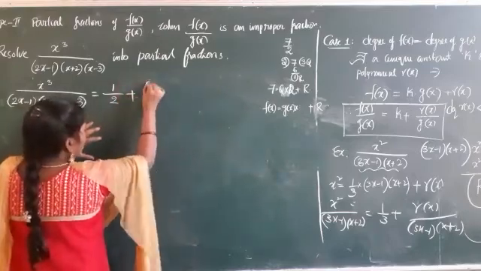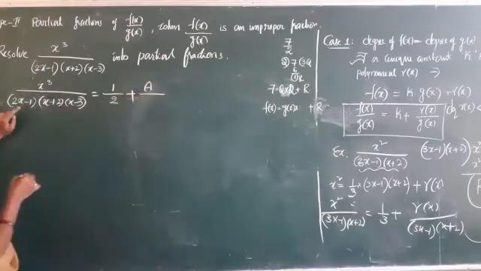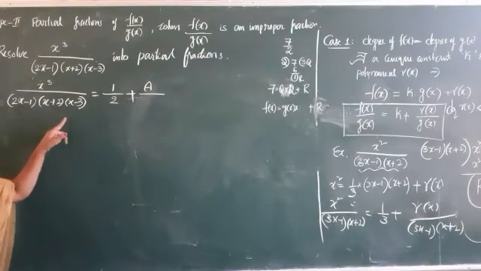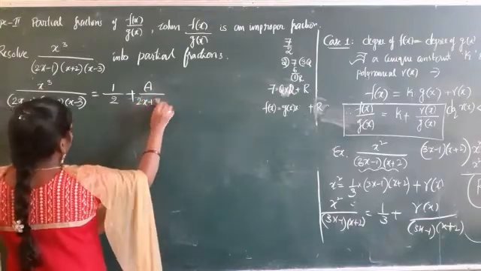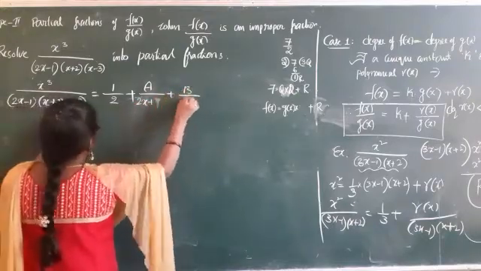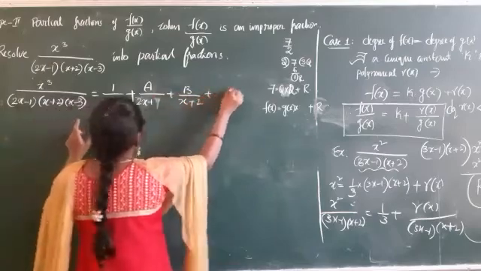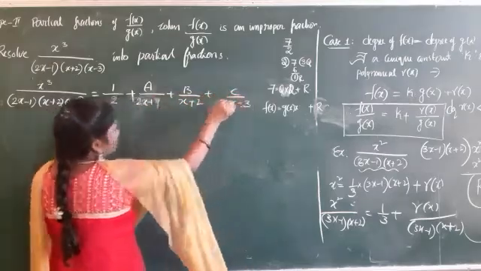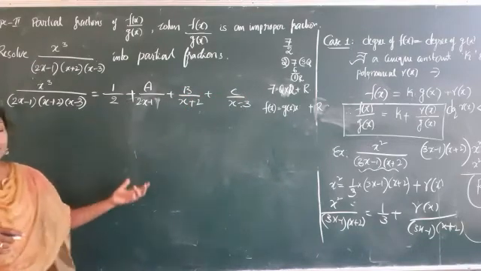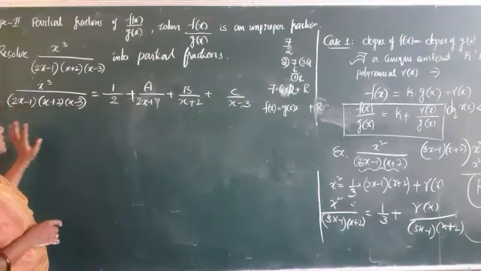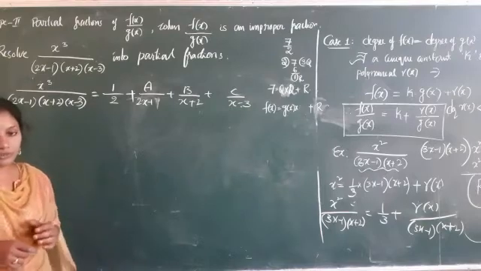And that proper fraction can be taken as, here all are linear factors and not repeated, a by (2x minus 1) plus b by (x plus 2) plus c by (x minus 3). And then again by taking the LCM, we will solve the same as in the previous questions.